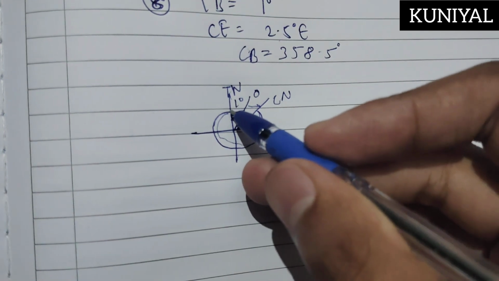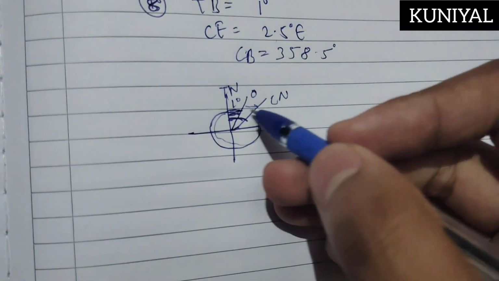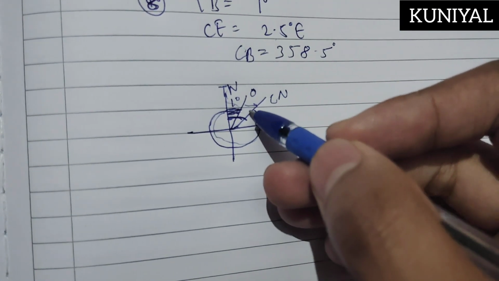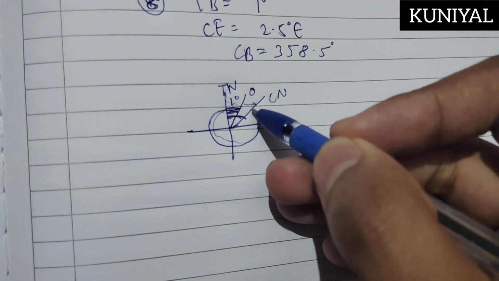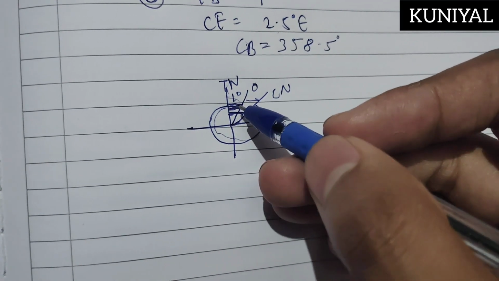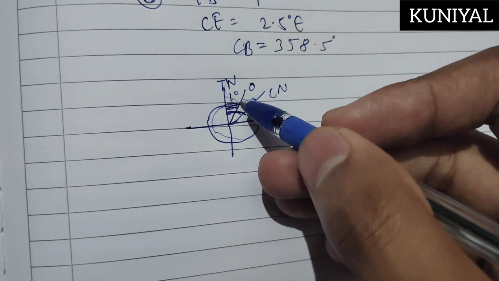This is 1 degree, this is 1 degree, this whole is 2.5 degrees, and from here to here is 360. So we have to find out this whole thing and subtract this term.